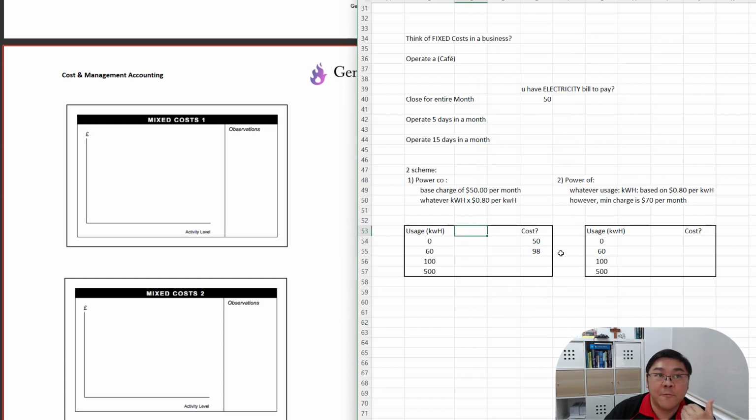One way we could do it is to take the total variable cost and add the fixed cost, which gives us the total cost.